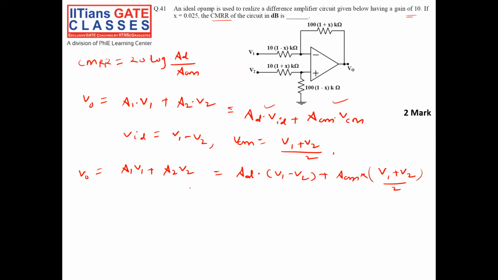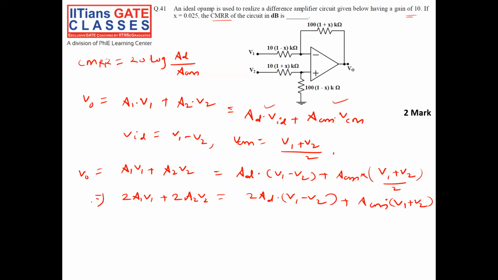Now let us solve the equation. Let's take the 2 to this side. So 2A1 V1 plus 2A2 V2 is equal to 2AD into V1 minus V2 plus ACM into V1 plus V2. Clear?